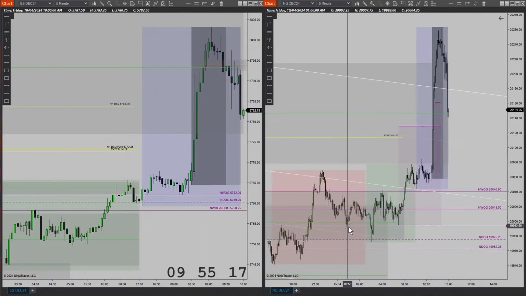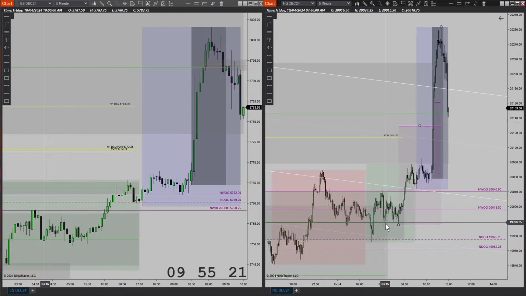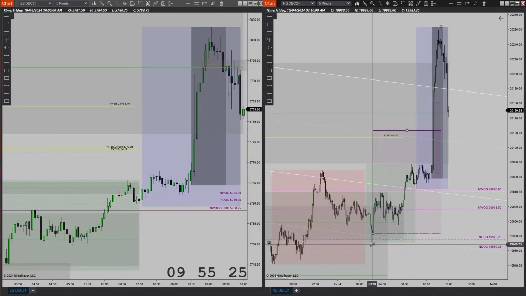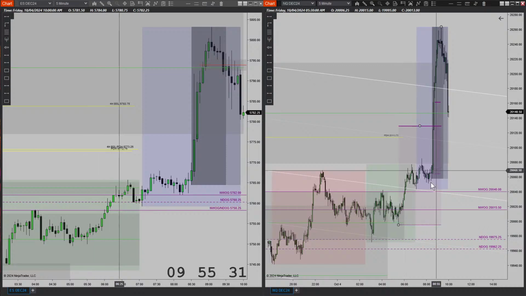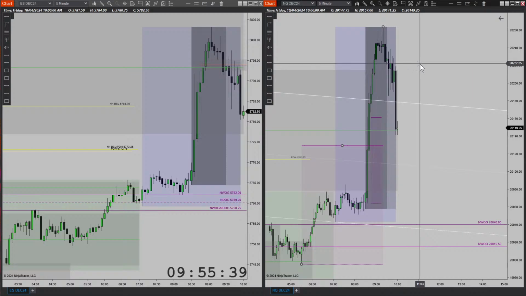The last stop run was here, actually not there, here. So it could be either one of these two. At this point, my stop right now is maybe up here, because I don't want to put it at break even anymore.